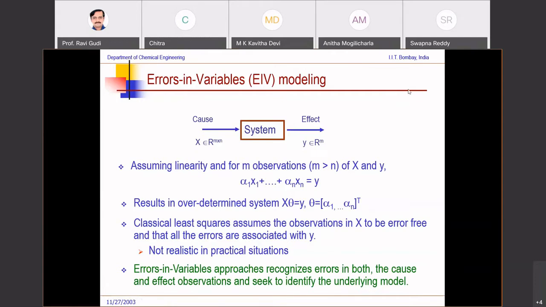with, we assumed that the variables in the X block are clean, uncorrupted, and the variables in the Y block are corrupted with noise.